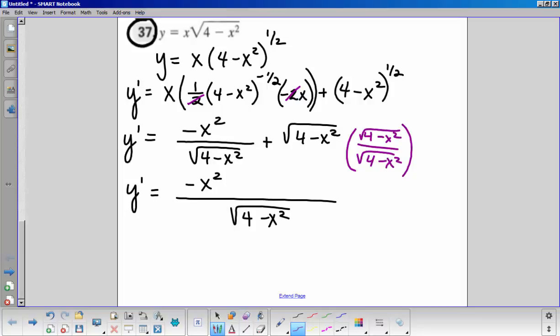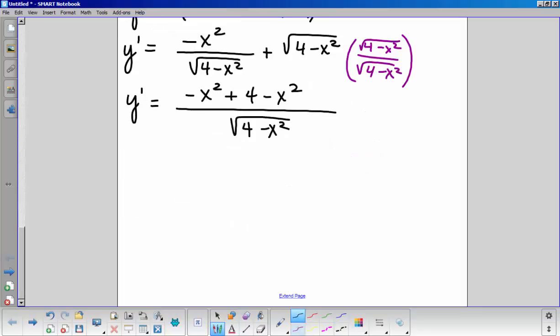And then what happens? We get 4 minus x squared. And there's no pesky negative to distribute there. So now I'm going to set it equal to 0. It's going to be 4 minus 2x squared all over the square root of 4 minus x squared.